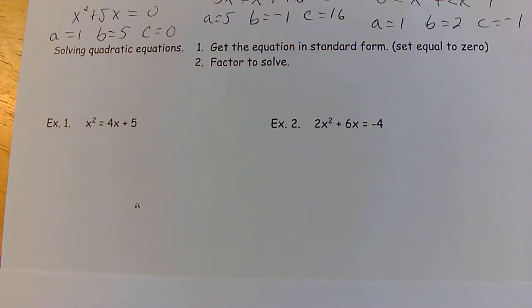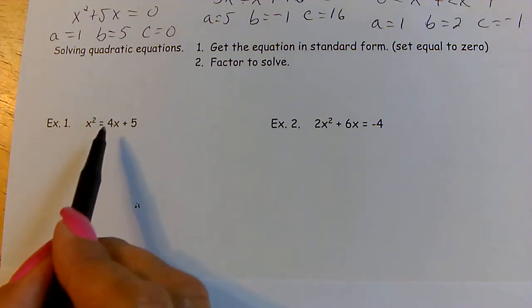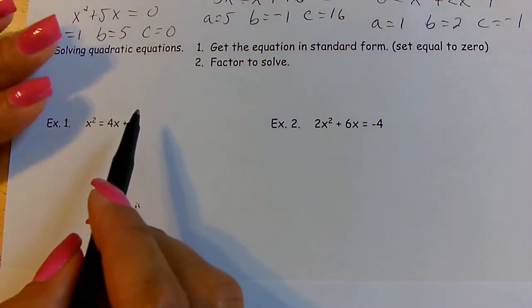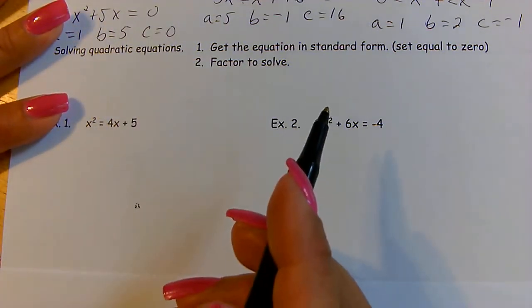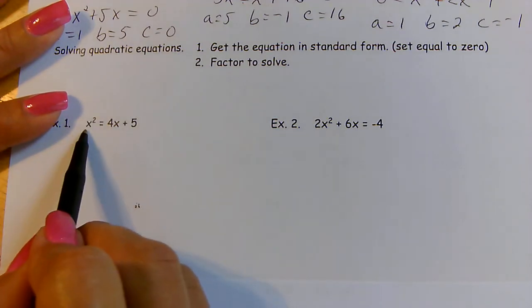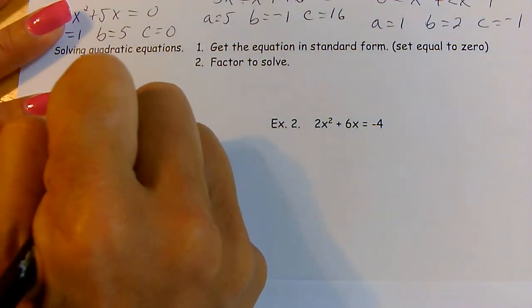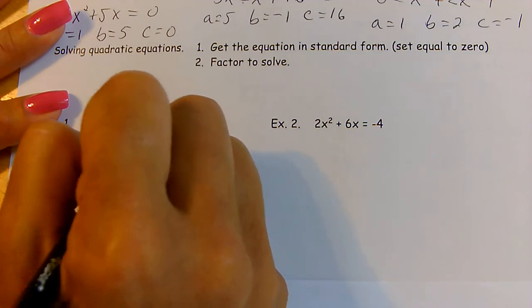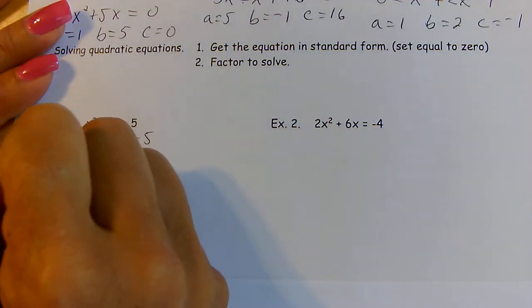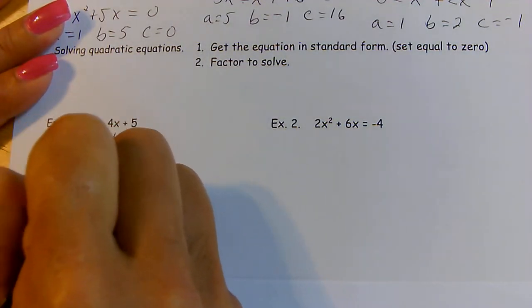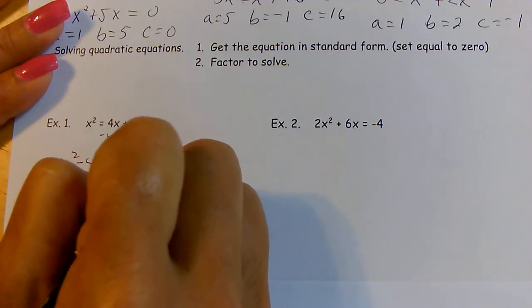So let's review factoring to solve. We still need to write it in standard form, which means set it equal to 0 on the side that a is positive, and factor to solve. A is positive, so minus x squared minus 4x minus 5 equals 0.